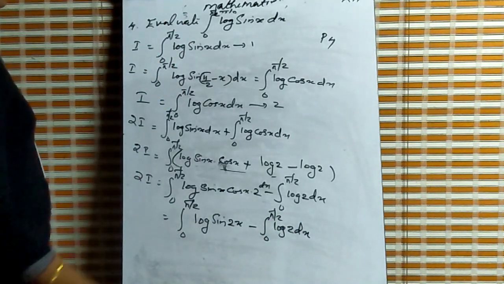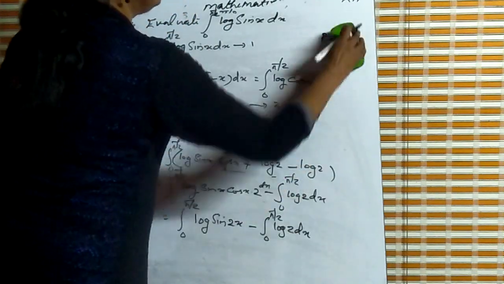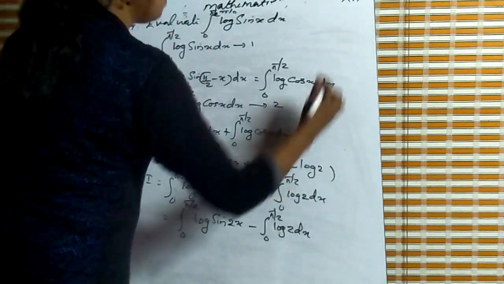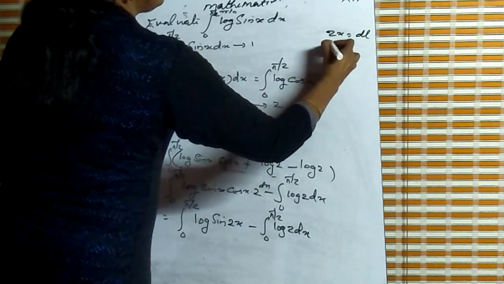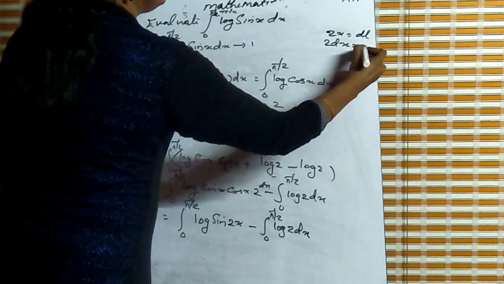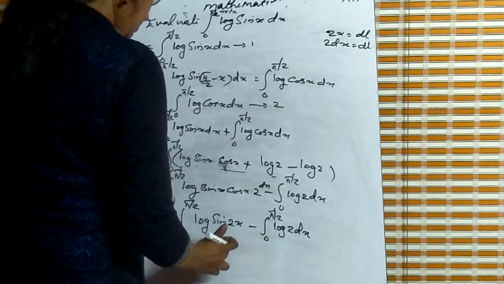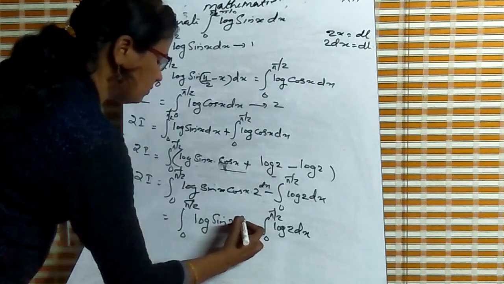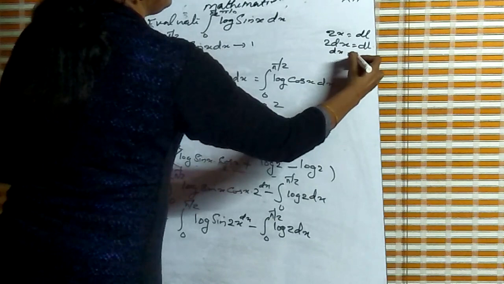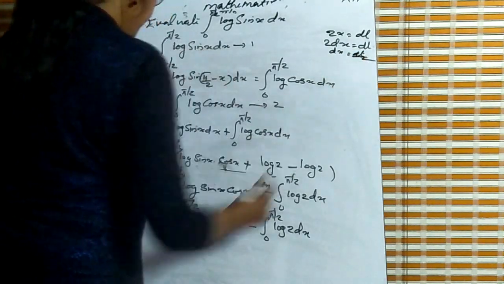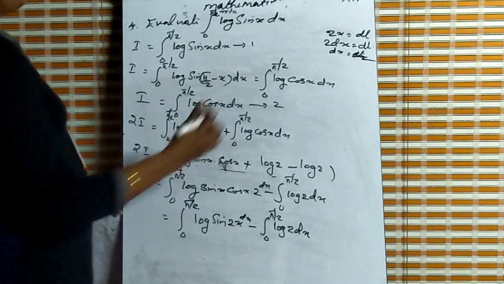Now we put 2x is equal to t. So 2 dx is equal to dt, dx is equal to dt by 2.